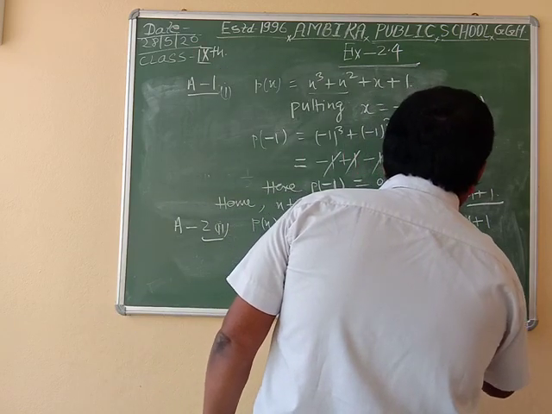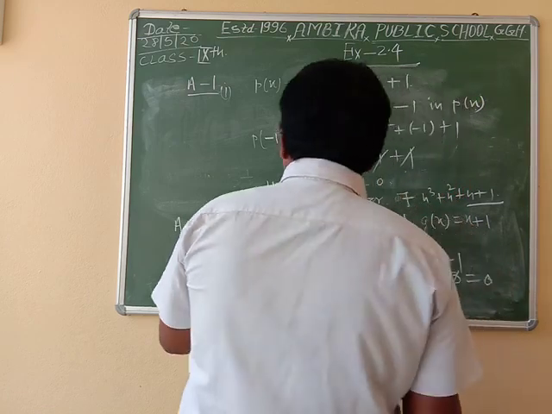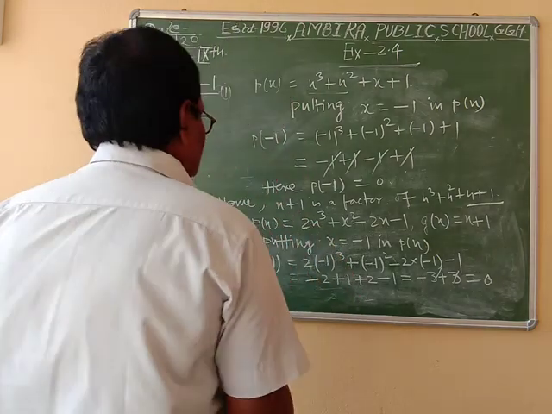Minus 3 plus 3 is equal to 0. Hence p of minus 1 is equal to 0.